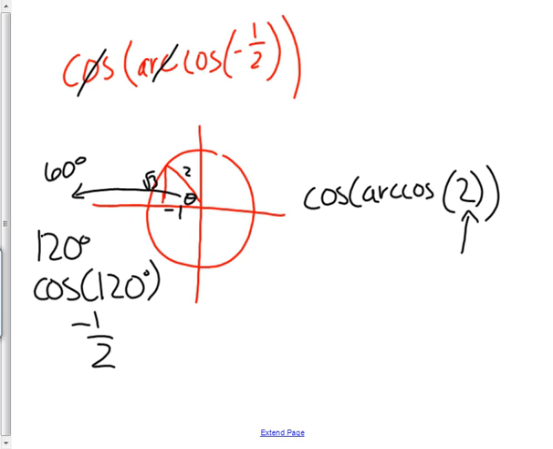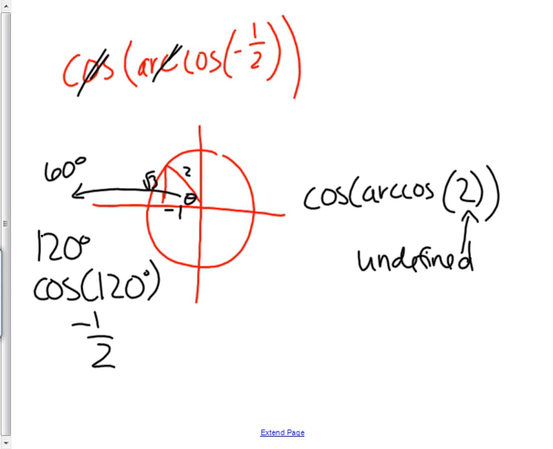So right away, you know that this is not possible, so you could say undefined. And I guess for this one, you could have done the same thing. You could have said, oh, is negative 1/2 in our domain, and is it? So then you could have actually gone through and crossed out. But sometimes going through and solving it would just be the best, so then you know for sure that's the answer. Does that make sense?